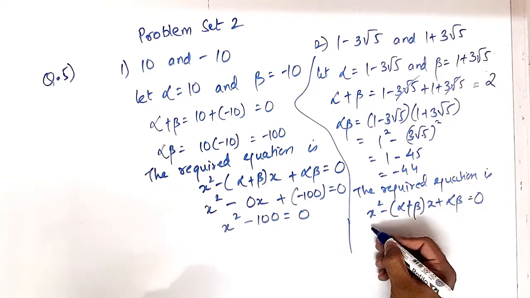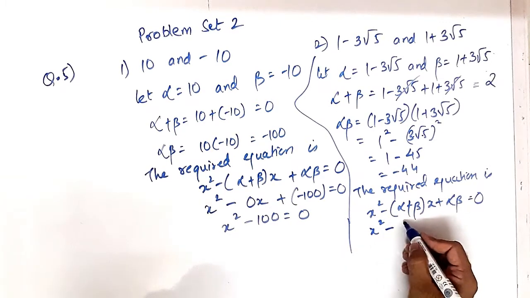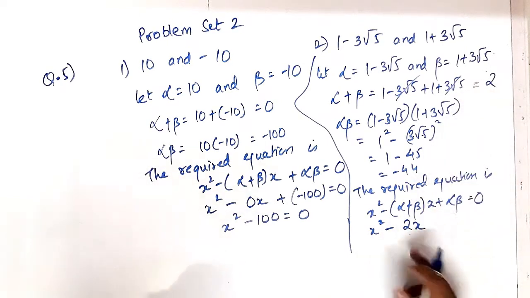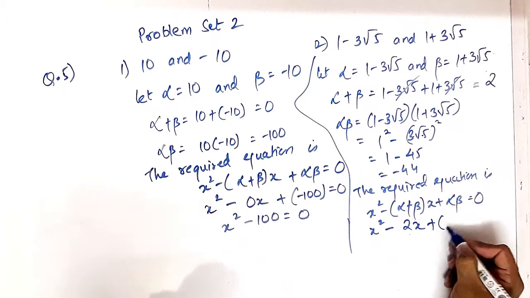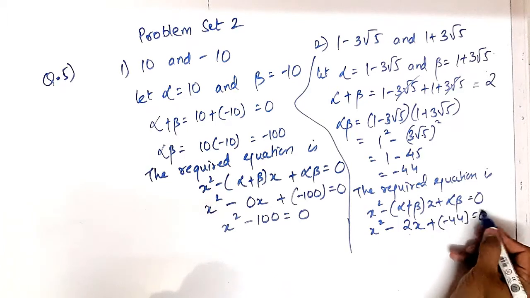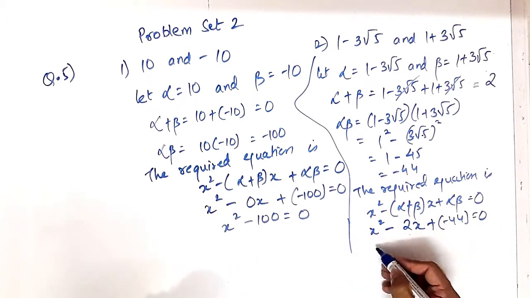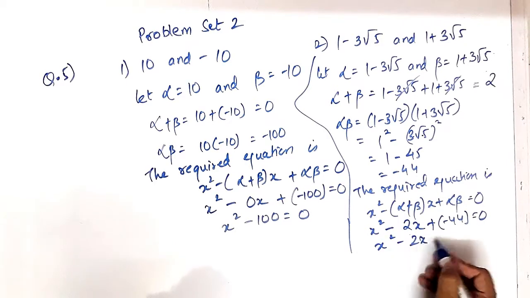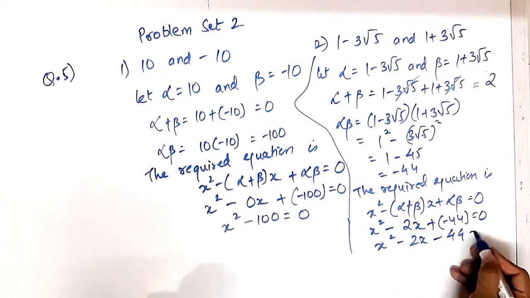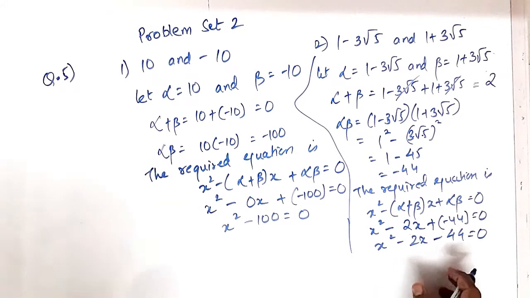Now this will be x square minus, what is alpha plus beta? It is 2, so 2x, plus the product of the roots, minus 44, equals 0. In the next step I'll open this bracket, plus minus becomes minus, equals 0. So your answer is x square minus 2x minus 44 equals 0.